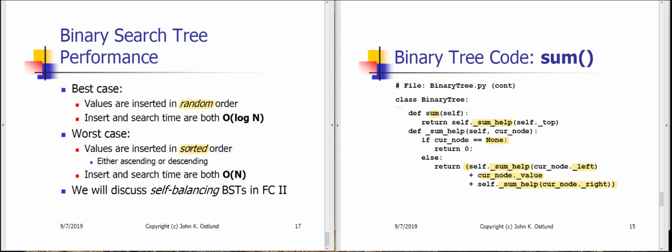And consequently, in that kind of situation, both inserting and searching are order n operations rather than order log n operations. There's a whole family of so-called self-balancing binary search trees that enforce order log n performance in all cases, regardless of which order the values are inserted into the tree. And we'll talk about these early in the spring in Financial Computing 2.